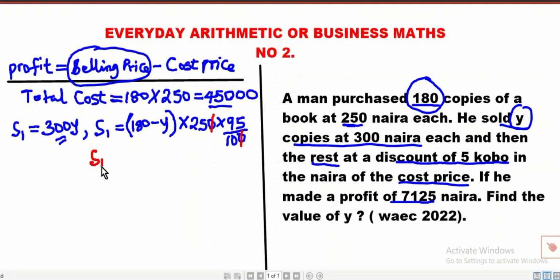I'm going to continue by saying that this is not S1, this is S2, the selling price of the rest, which is going to be equal to (180 minus Y) all multiplied by 237.5.